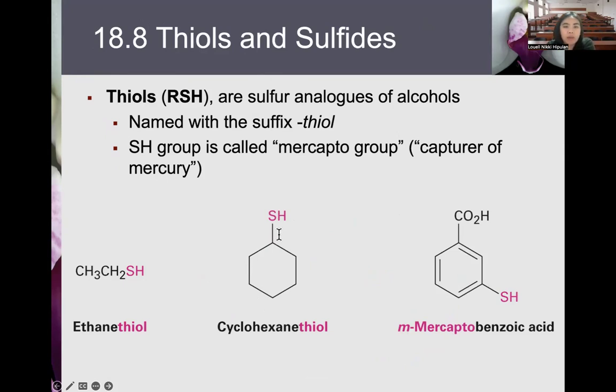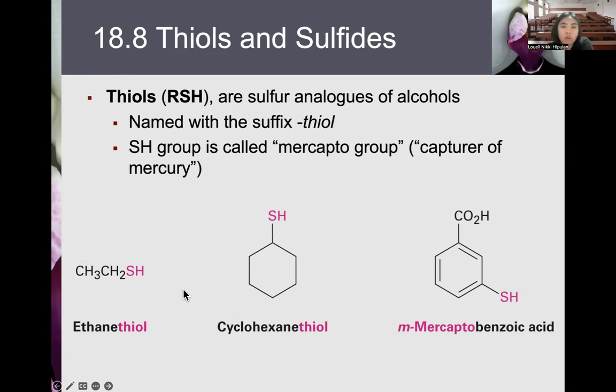Now let's discuss thiols. Another term for them is mercaptans. Basically, they are analogs of alcohols. If you name an alcohol, you add -ol at the end, right? It's the same with thiols and mercaptans.